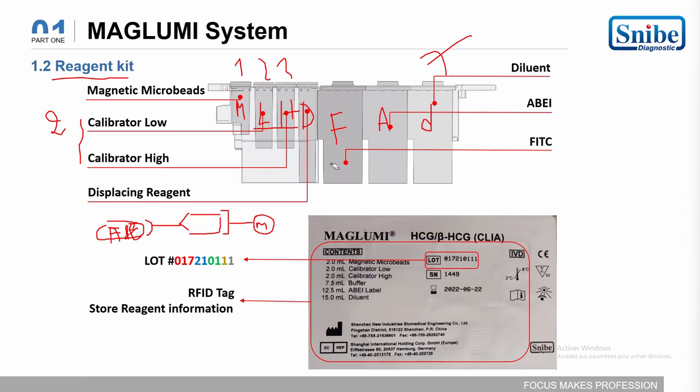Same thing for FITC. Sometimes, because of the size of the material, the link with the ABEI or with the microbeads cannot happen. So this FITC will be like a bridge.